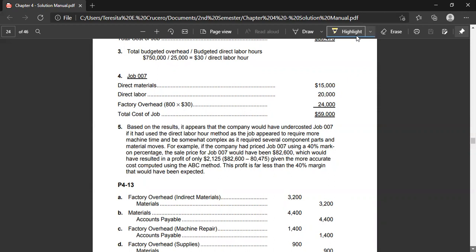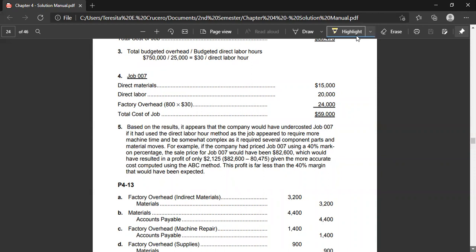Next, in number 4, determine the cost of job 007 using the direct labor hour method to apply factory overhead.